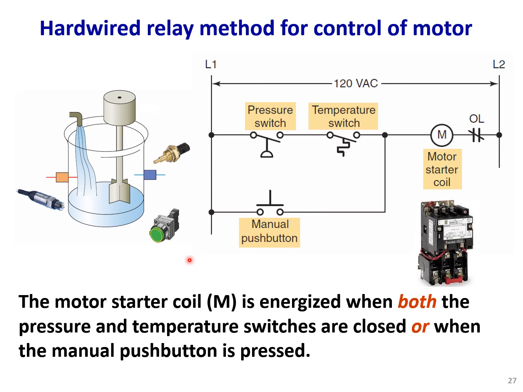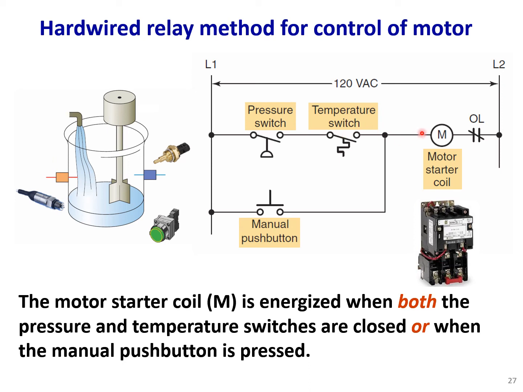Okay, so let's see how we could program it. Okay, so here is a relay circuit. So the pressure sensor switch and the temperature switch, both of them should reach the preset value.